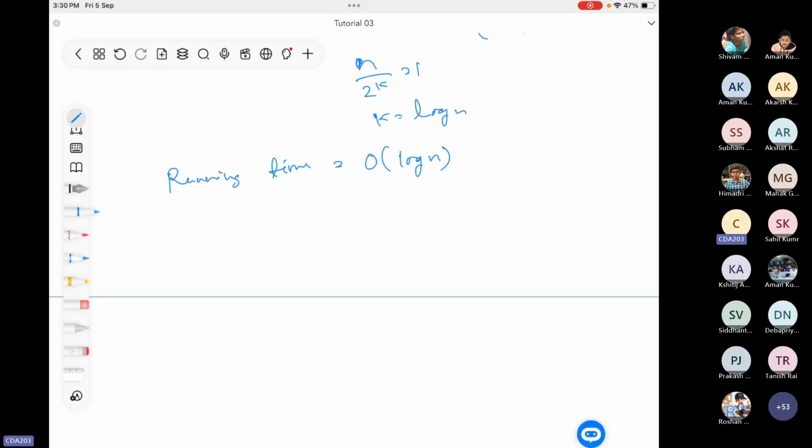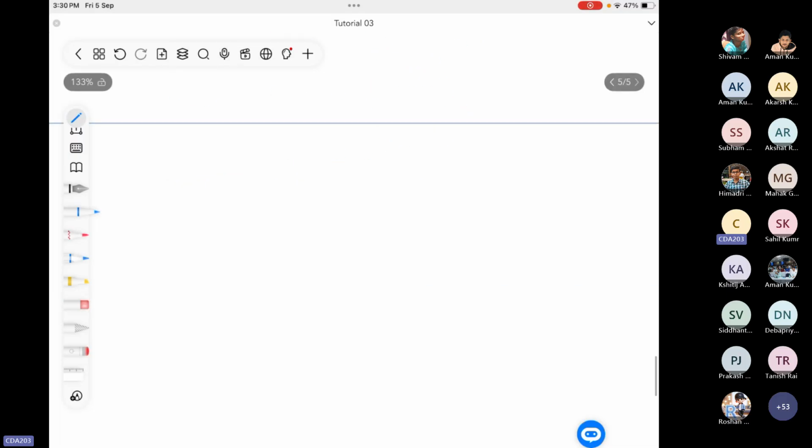Now what if the array is unsorted? Can you devise an algorithm? So if an array is unsorted, then how to search?